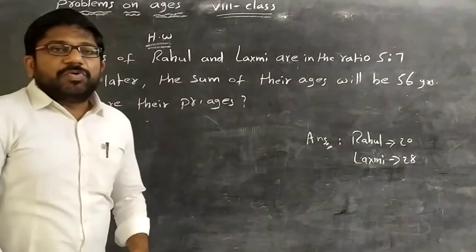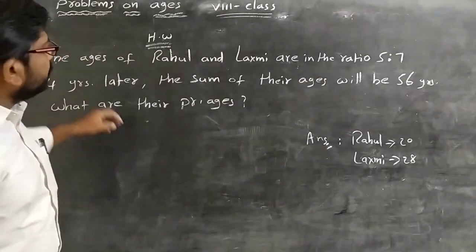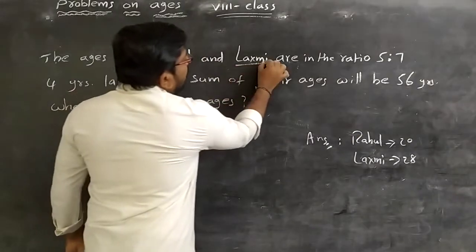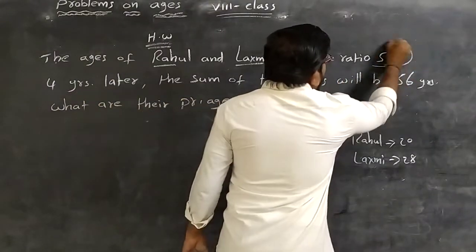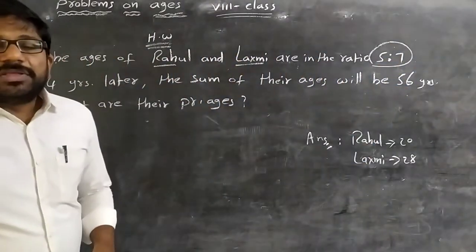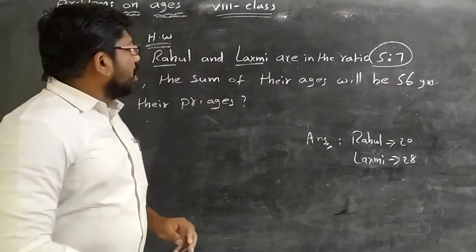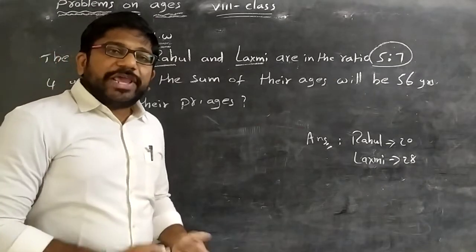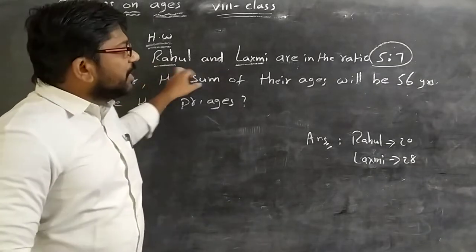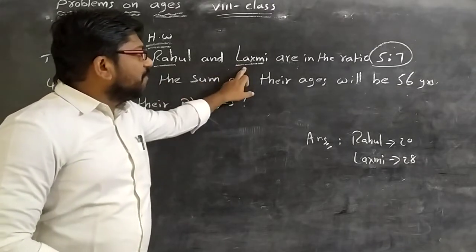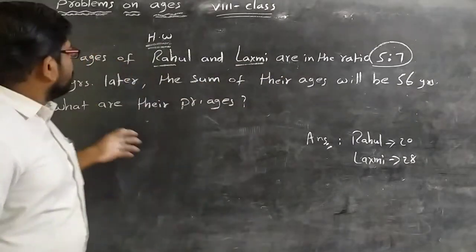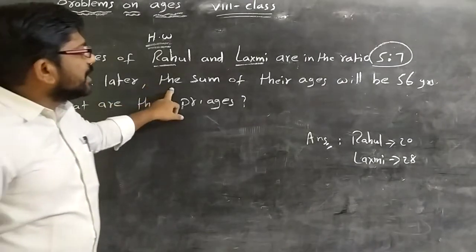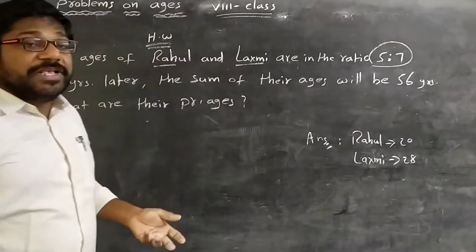Now I give you one homework problem. Try it yourself. The present ages of Rahul and Lakshmi are in the ratio 5:7. So take the present age of Rahul as 5x and the present age of Lakshmi as 7x. Four years later, the sum of their ages will be 56.